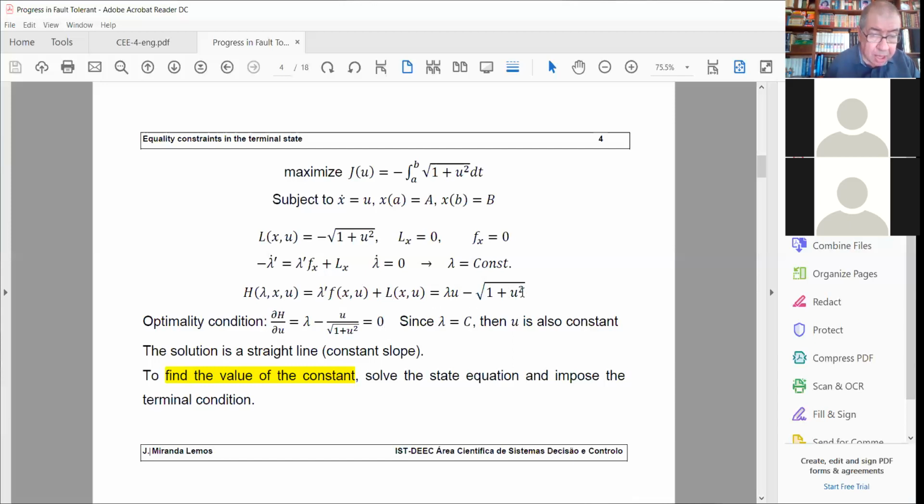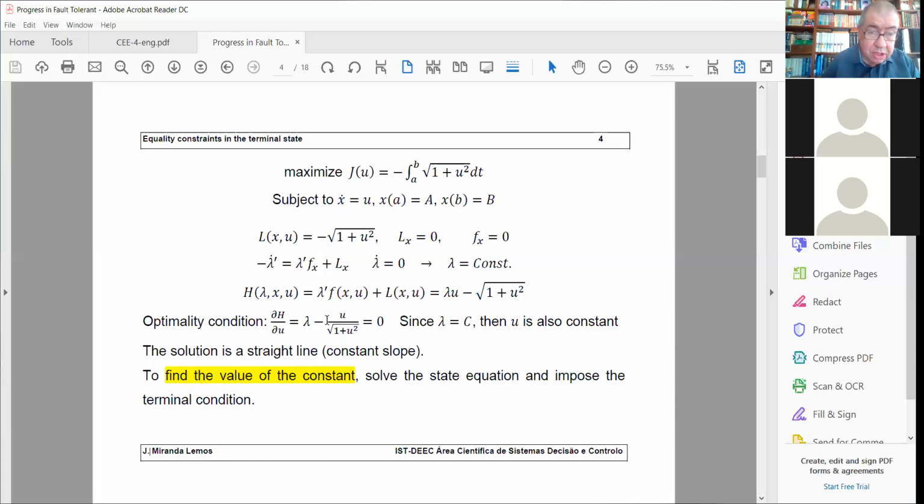Just apply the ordinary rules for derivative to differentiate this with respect to u. And you know that lambda is a constant. So since lambda is a constant, what this formula tells you is that u is a constant. Of course, you can solve it with respect to u, but the important fact is that u is constant.